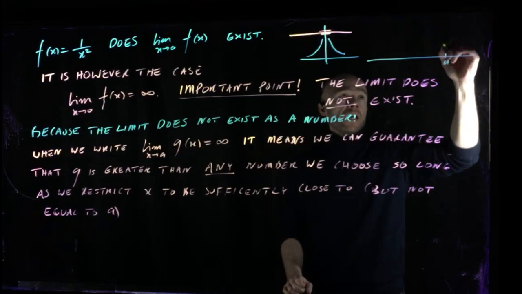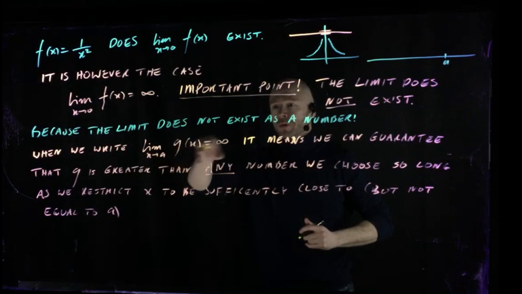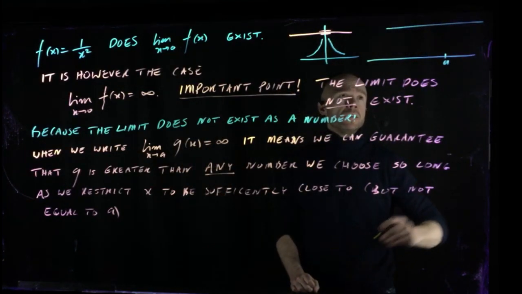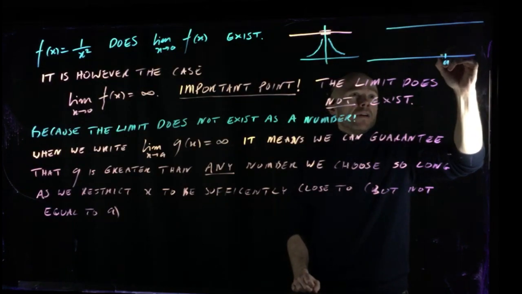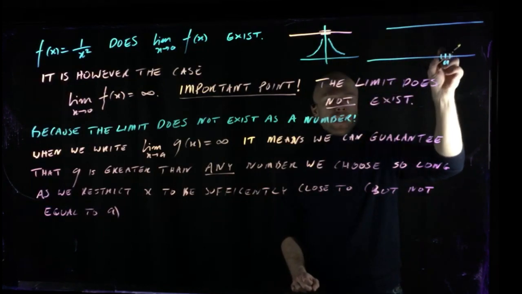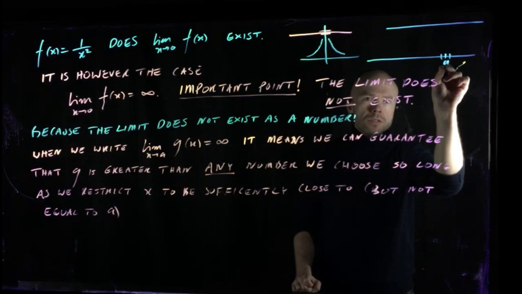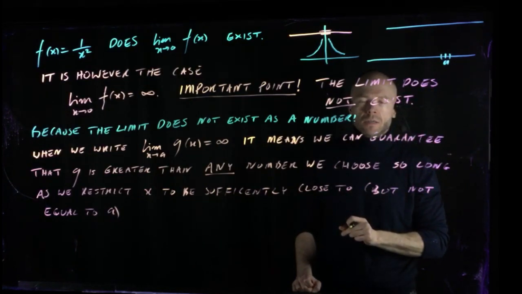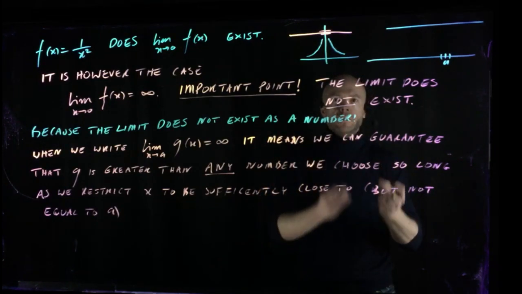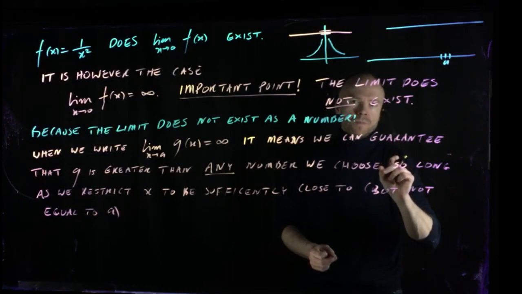So if this is a, then the limit of g as x approaches a equals infinity means that whatever big number you choose, however big it is, you can guarantee that your function is going to be bigger than this big number for all x sufficiently close to a, not equal to a, where you have the right to choose this tiny interval. So you get given some big number and you say, okay, I can guarantee you that g is going to be bigger than that big number if I get to choose the interval around a.